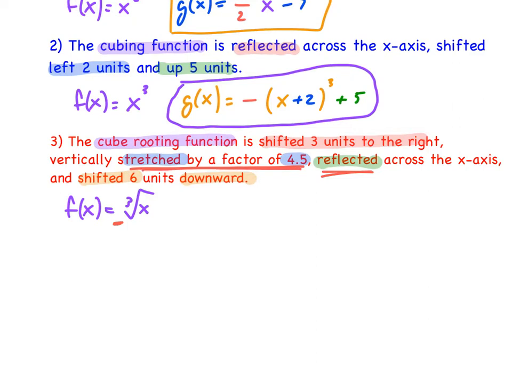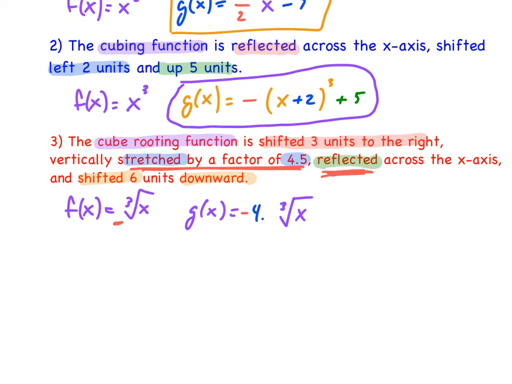So if I have something like g of x equals, I know I'm going to have this cube root of x, but in front of it I need a negative because of the reflection, and I also need a 4.5 because of the stretch. So I'm going to put a negative and a 4.5.